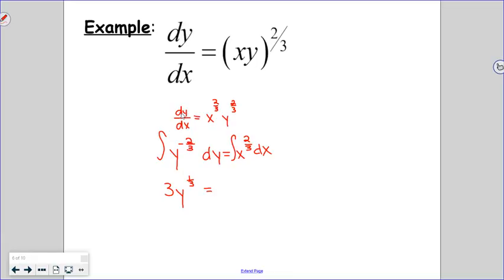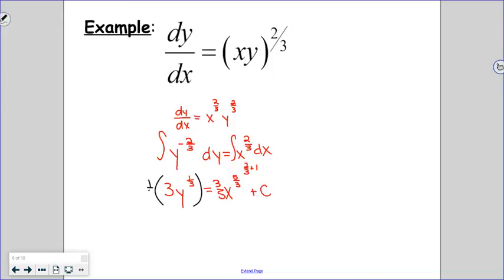On the other side, I can take that 2/3 exponent, add 1 to it. It gives me the exponent on my x. 2/3 plus 1, or 3/3, would be 5/3. What's the coefficient if the exponent is 5/3? 3/5. Plus c, right? And then we're back to what we did on the last page, is get rid of the 3, get rid of the 1/3.